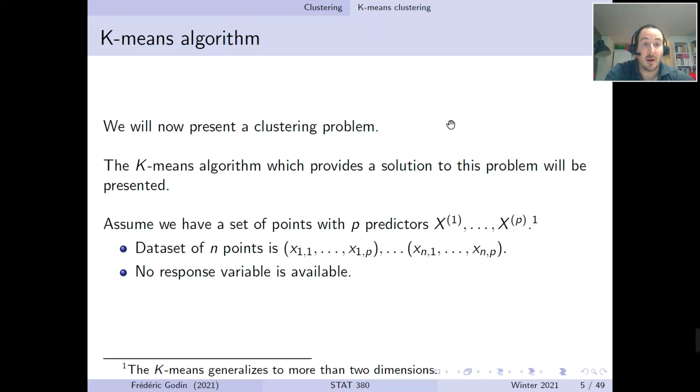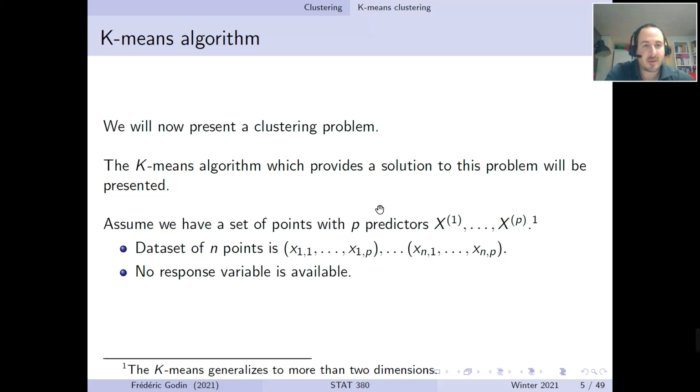What we will do next is to present a formal clustering problem, which will be solved with the well-known K-means clustering algorithm. Assume we have a data set with p predictors for each observation.